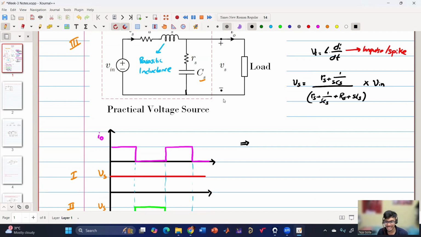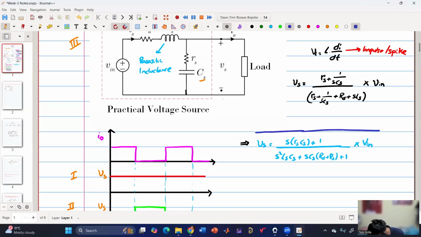So now if I multiply by SCs on the numerator as well as the denominator, then I'll be getting this final expression, which is Vs equals (S Rs Cs plus 1) by (S squared Ls Cs plus SCs into (Rd plus Rs) plus 1), whole into Vn. Agree?